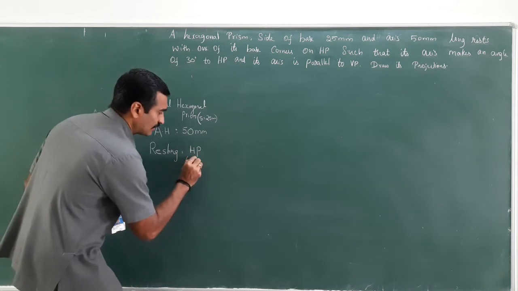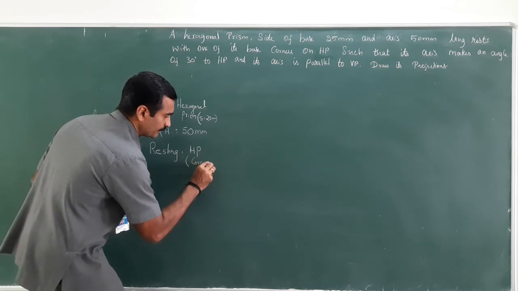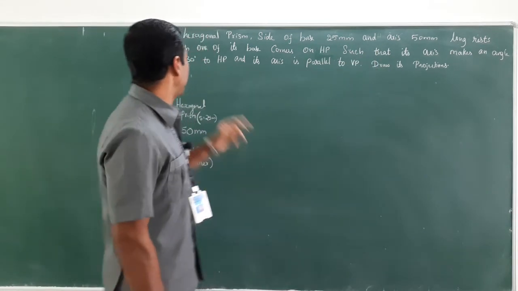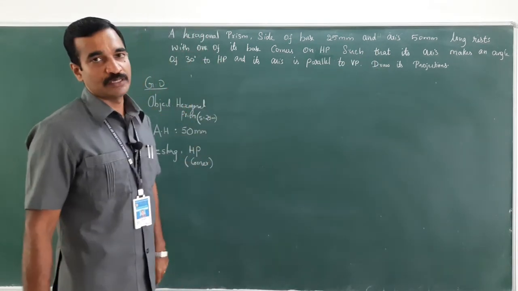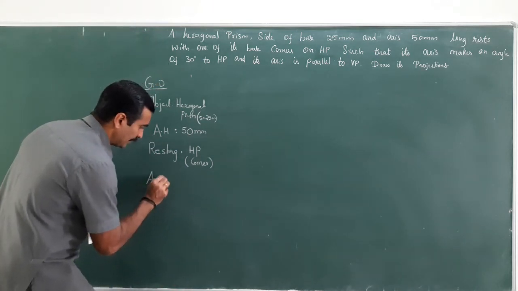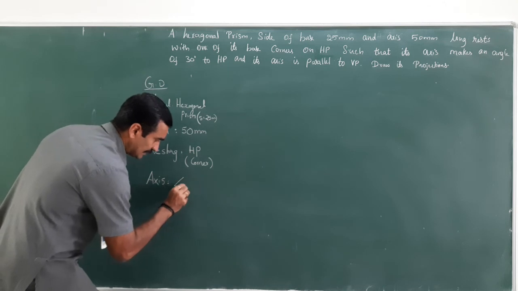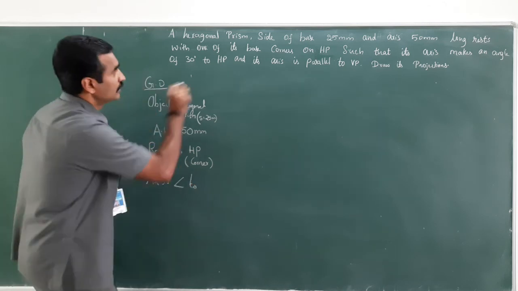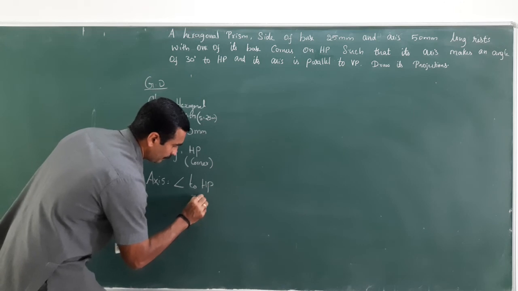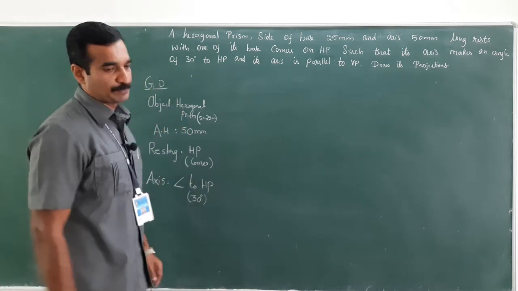Such that its axis makes an angle of 30 degrees to HP. So the axis is inclined to HP at 30 degrees. Draw its projections.